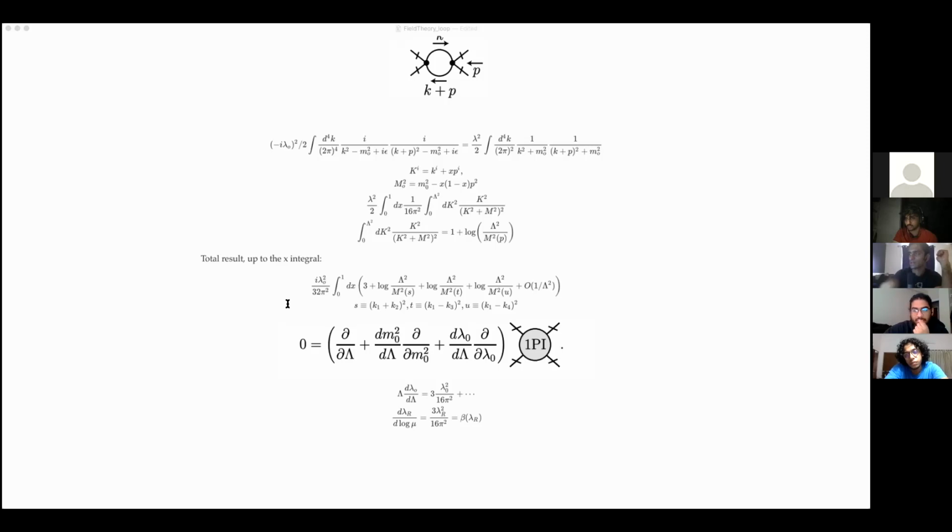Well, good point. Let's see what happens with the T channel and U channel diagrams. You do want there to be collinear divergences. There's some physics behind them. You do want there to be even soft divergences.